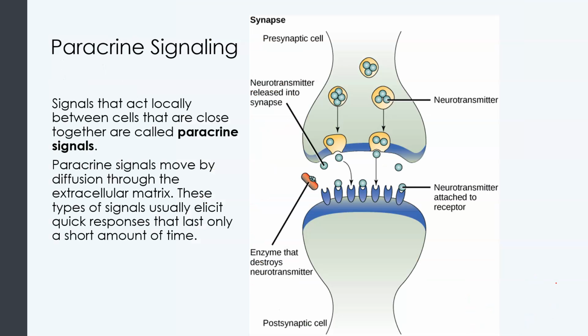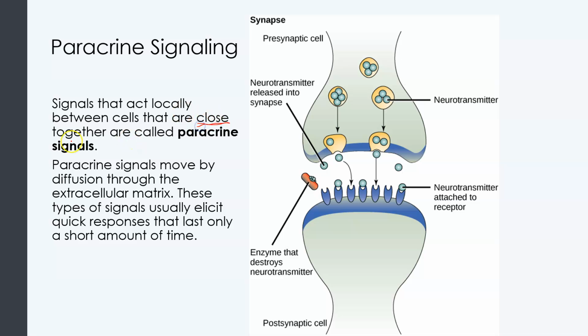Okay, so paracrine signaling, and what you're looking at is each of these cells are neurons, and if you read over on the left, signals that act locally between cells that are close together.